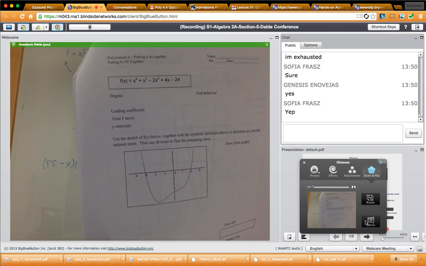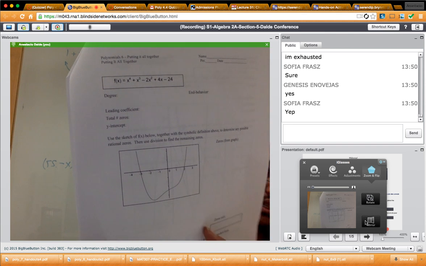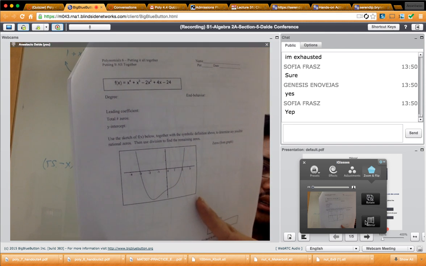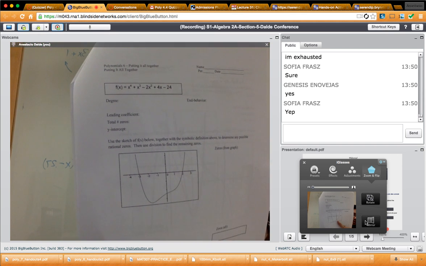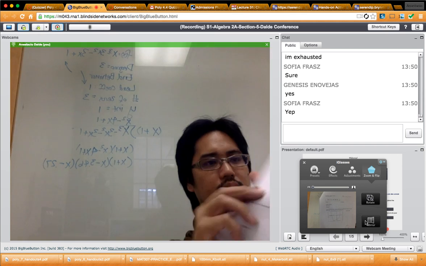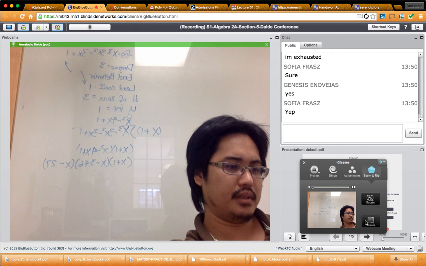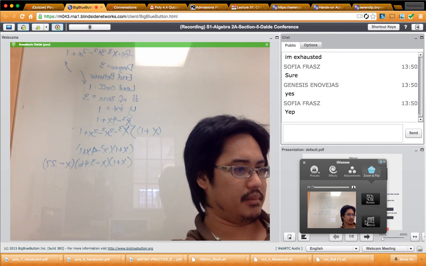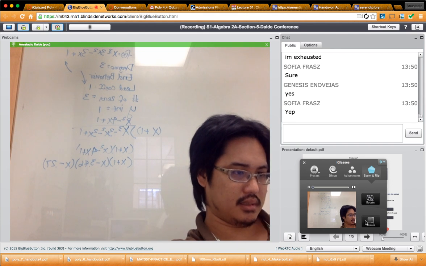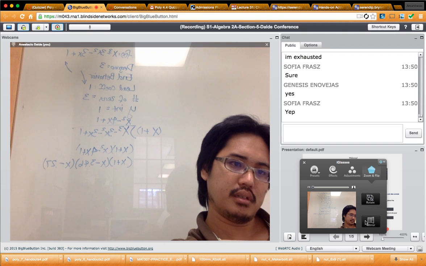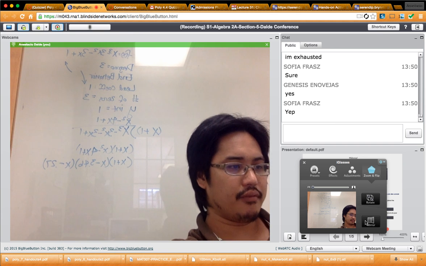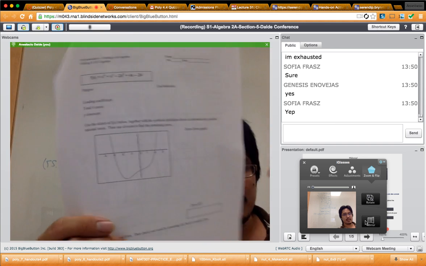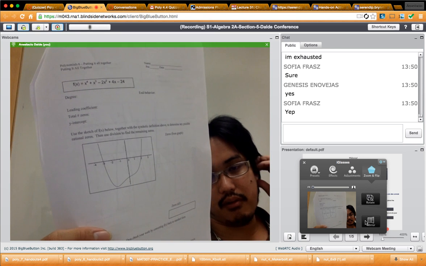It's an x to the fourth function. Actually, wait, I don't want to look at that one. Oh, okay, maybe that might be weird. All right, fine, I can look at that one. I'm looking at this one. And this is an x to the fourth power function, okay?